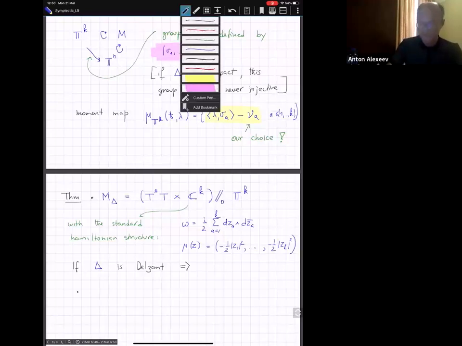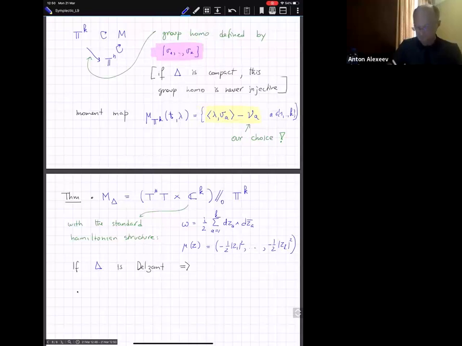Then, first of all, M_delta is smooth and symplectic.